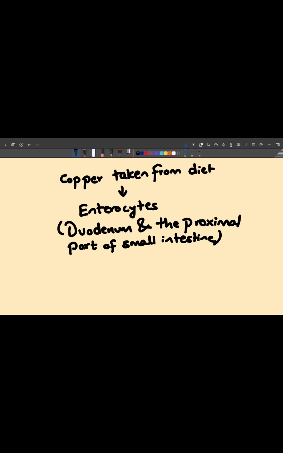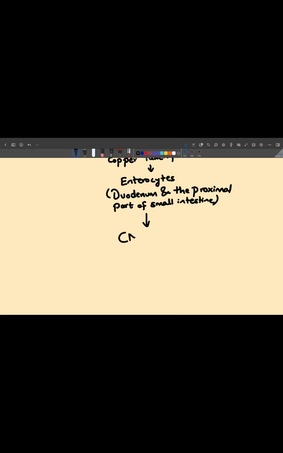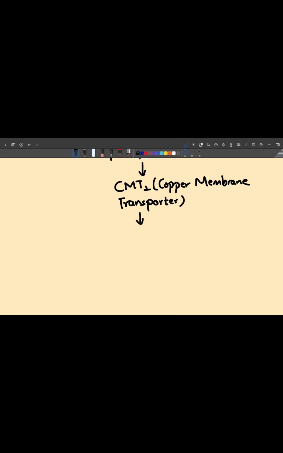Once the copper reaches the enterocytes, there is a protein in these enterocytes called copper membrane transporter protein 1. This will promote the uptake of copper into enterocytes.